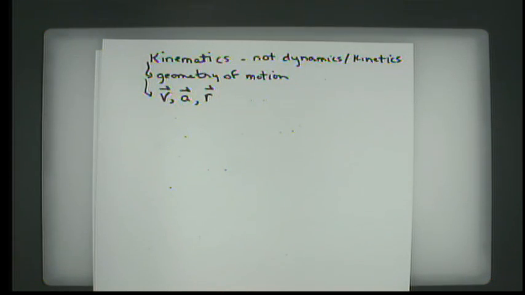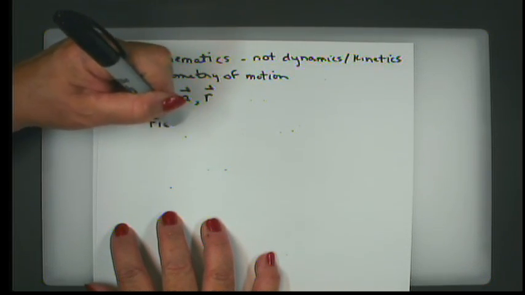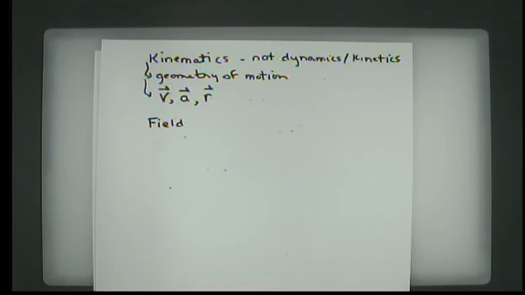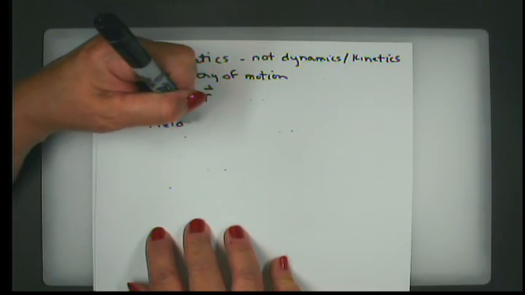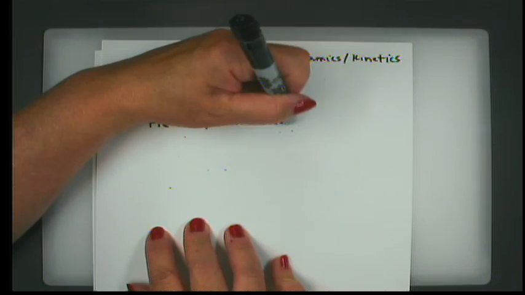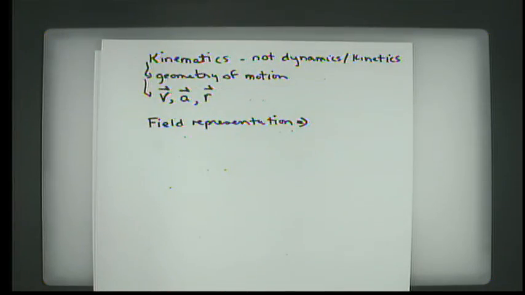But this idea that we're going to introduce in Chapter 4 of Fluid Kinematics, where we describe the motion, is very important, because when we talk about fluids, we have to look at fluids as being some sort of a field or a continuum. Basically, when we talk about a field representation, we talk about what the motion looks like, or what any property looks like. The property could be temperature or pressure, or it could be a variable of motion such as velocity.